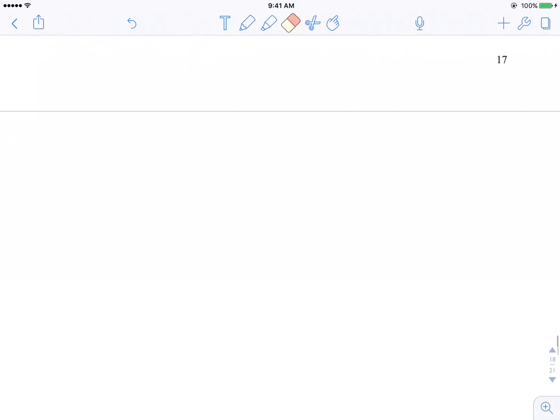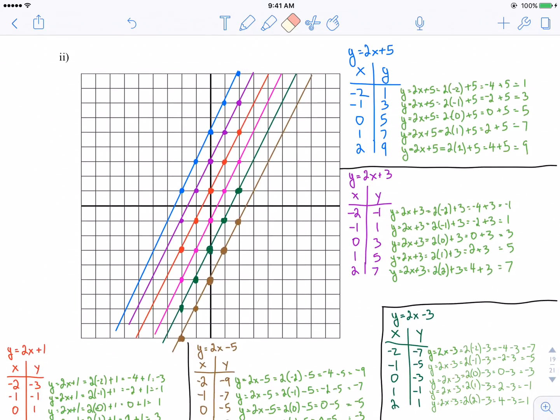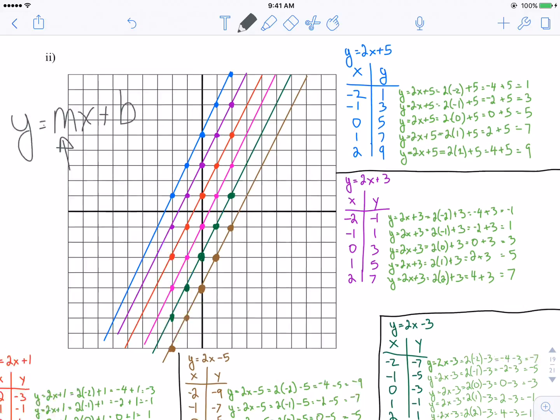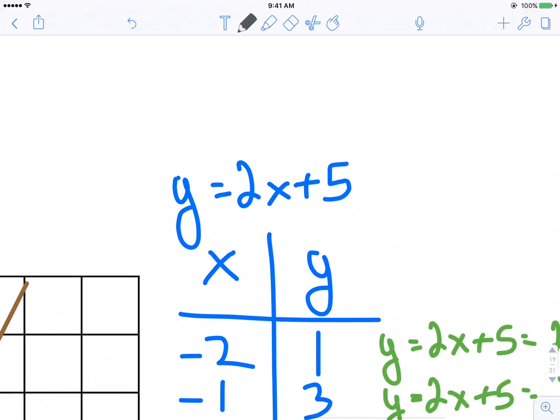Looking at the second set of graphs, again, given this form of the equation, mx plus b, knowing that this is the slope already, m, you can look at these equations, look at these graphs, and know, well, they all have the same slope. Well, what's the same about all of these equations?